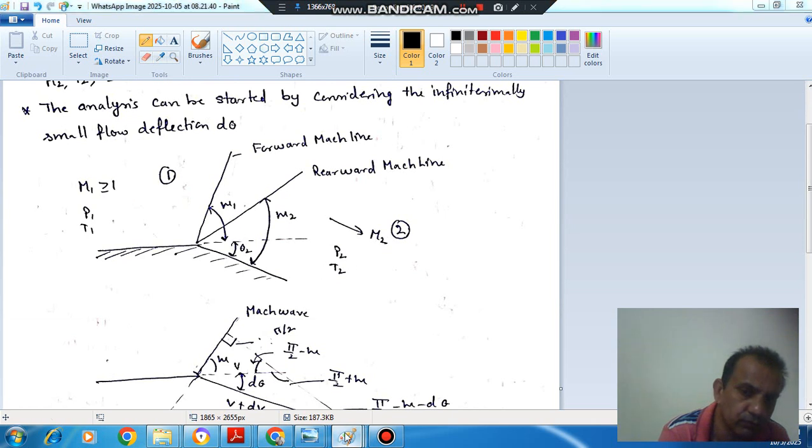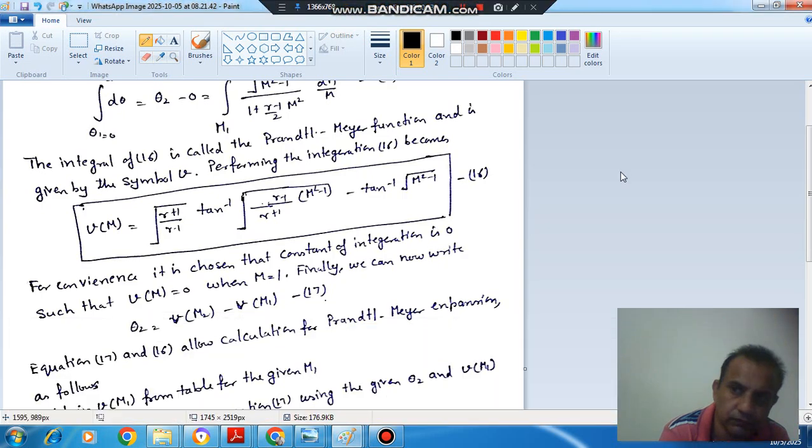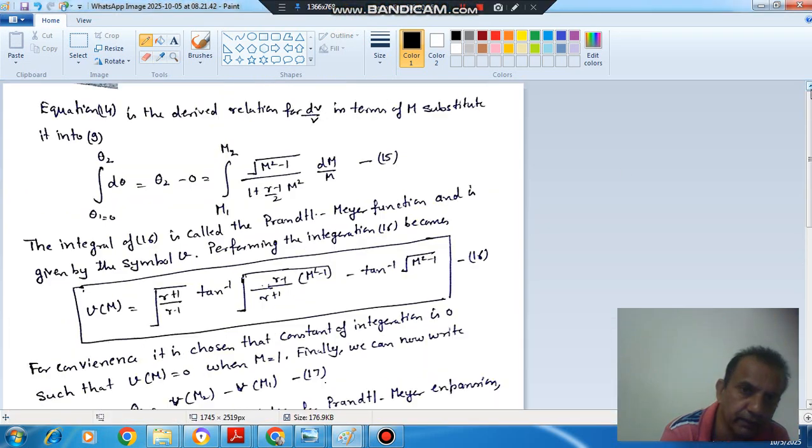Finally we got this in integral form in terms of M, and the limits of integration are M1 and M2. Now the integration of this is a complicated procedure. If we are able to find its integration, we can solve it.